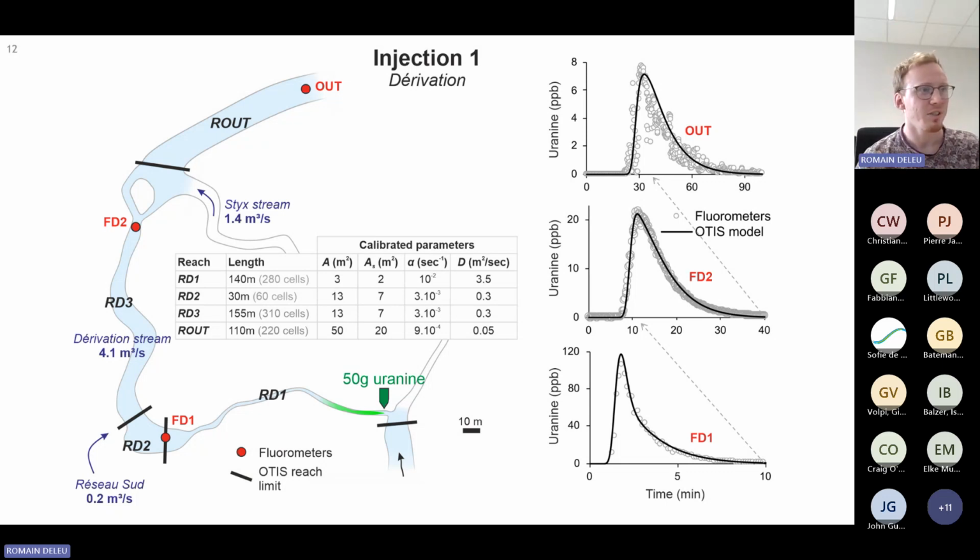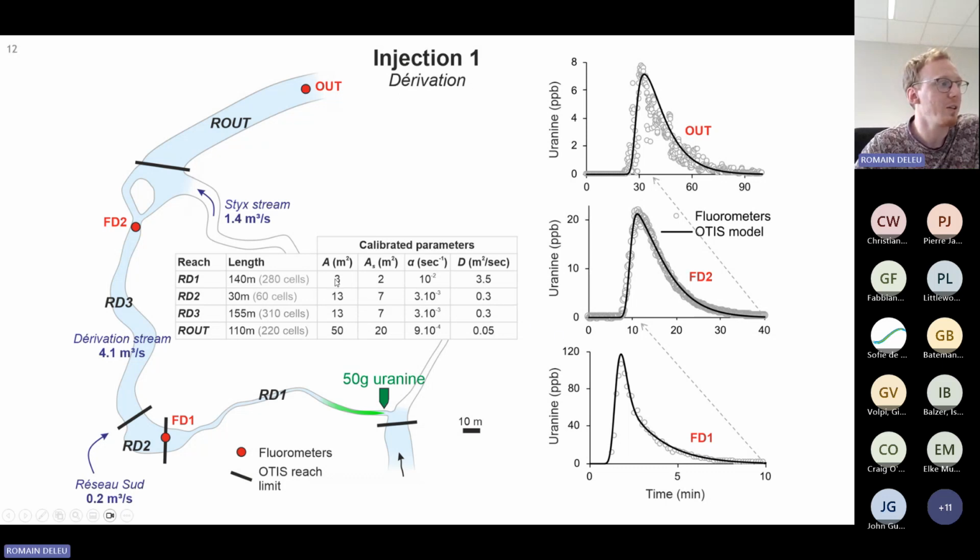The resulting curves from the model are given in the graphs. You can see the lines. This is the Otis model. So the goal here was to change the parameters so that, of course, the Otis model curve, the simulated curve, matches the curve from the actual fluorometer. This is working quite well.